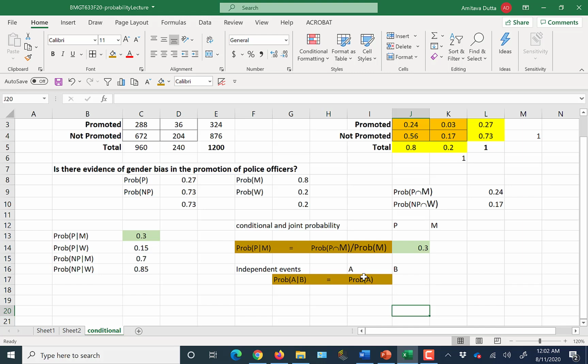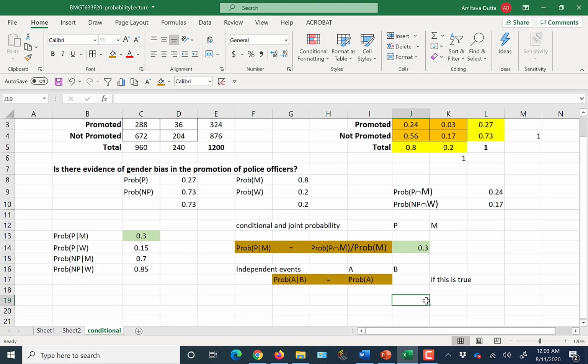So if these two are equal, what we're saying is B has no effect on A. So probability of A given B is the same as the probability of A. If this is true, then we say that A and B are independent, and we would check this by calculating it.